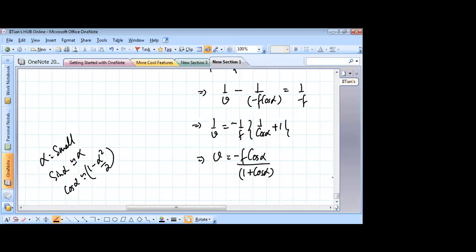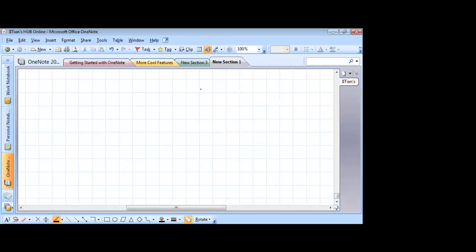Okay. So it is now like, for the concave lens, this is what is happening, right?